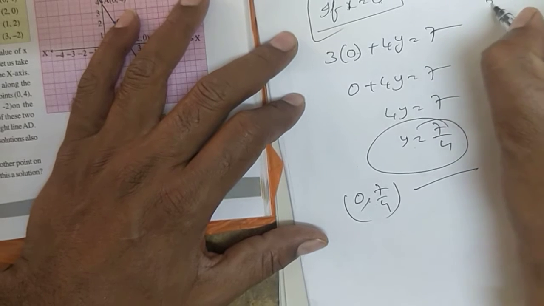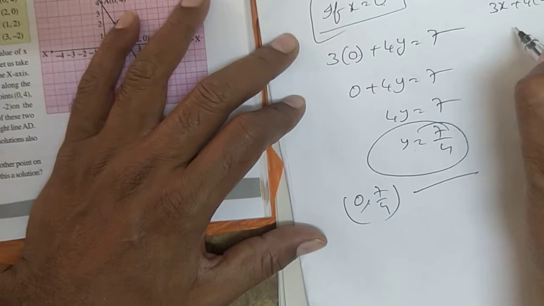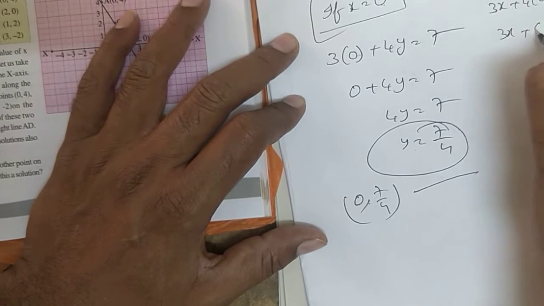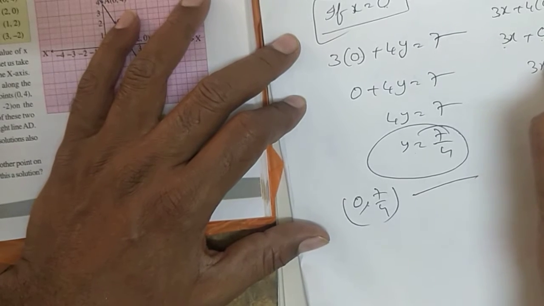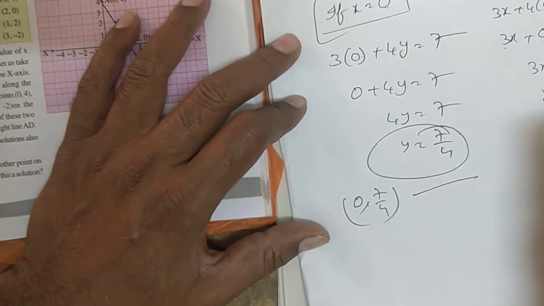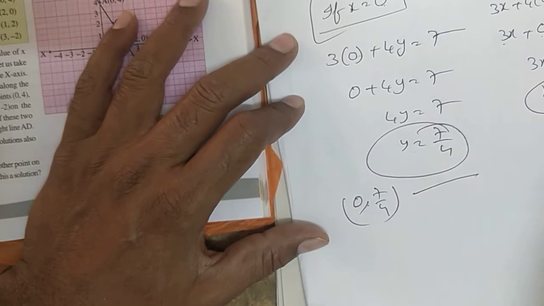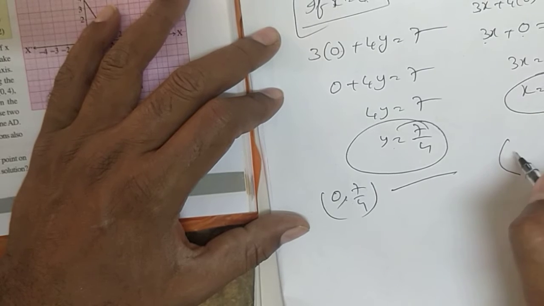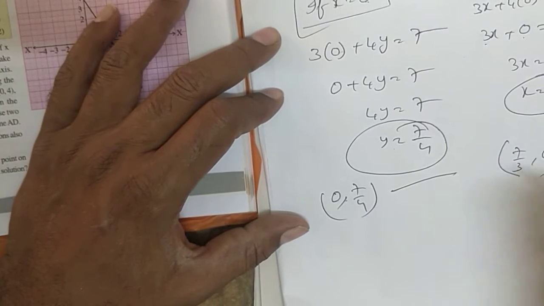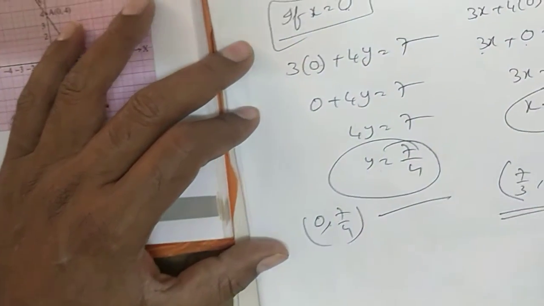Then the equation becomes 3x plus 4 into 0 is equal to 7. For 3x, if you add 0, you are getting 3x only is equal to 7. x is equal to how much here? 7 by 3. How to write the ordered pair? You should not write 0 comma 7 by 3. Always in an ordered pair, you have to write the x coordinate first: 7 by 3 comma 0. So this is a solution for this equation.